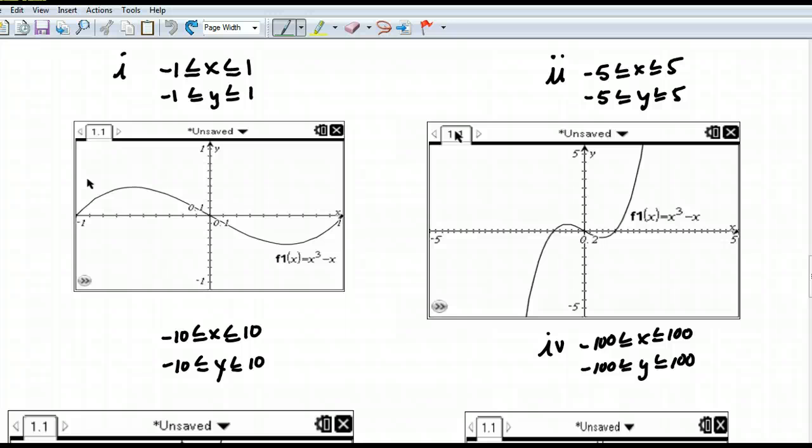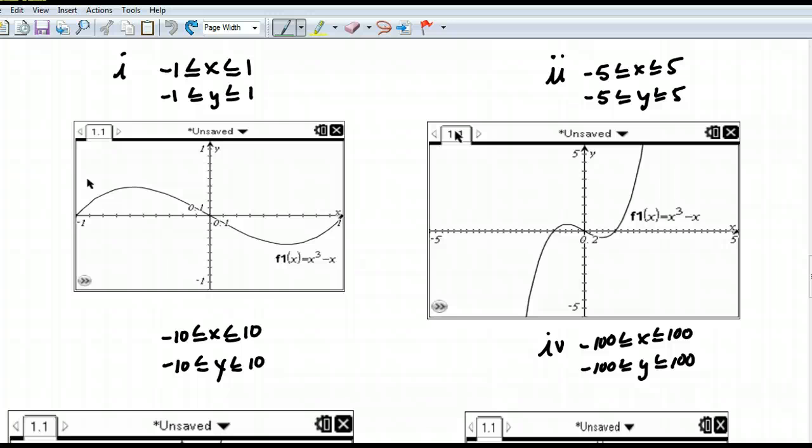The first one on the left is actually the same as the one on the right. It's just that the window is changed. And notice that the one on the left really looks kind of like a sine wave or a cosine wave. The one on the right shows you that it isn't. It's actually an x to the third. Oh, it's just really zoomed in. Right. That's why the windows are so important.